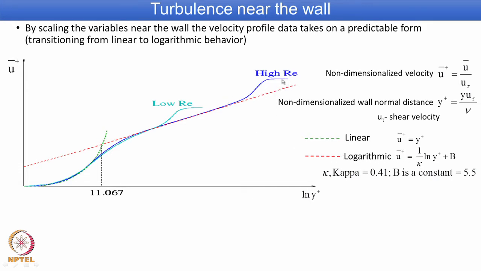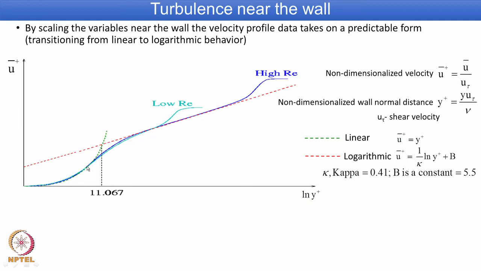So, the actual profile, which is blue color, is partly coinciding with the red color for some part of y plus. You can observe here, it is coinciding with the red color from this value of y plus to this value of y plus. Then the actual profile deviates from that expression.